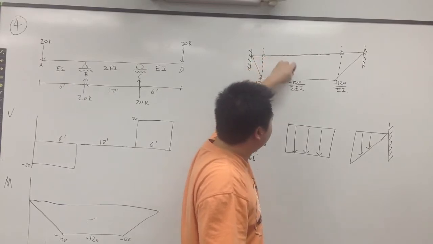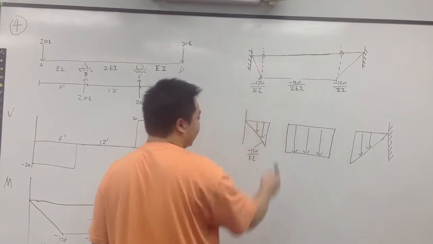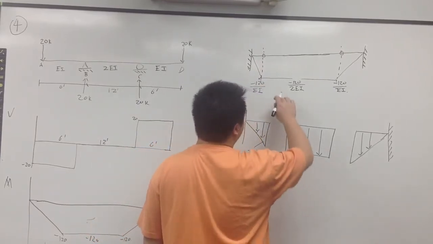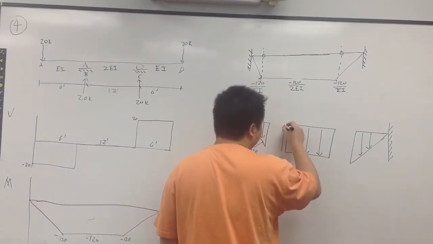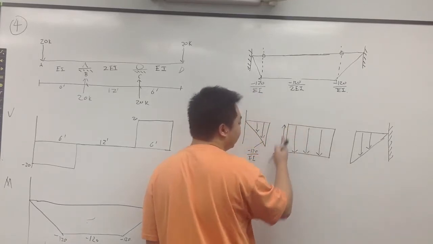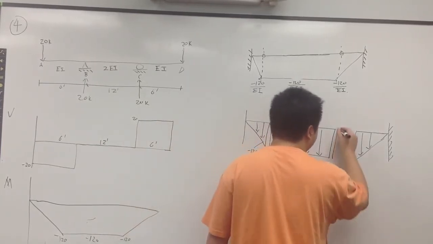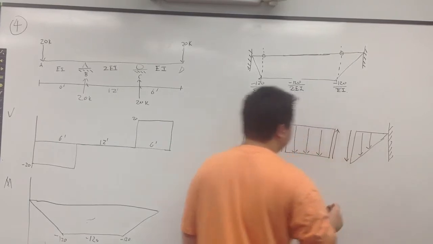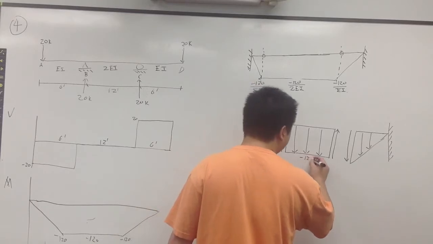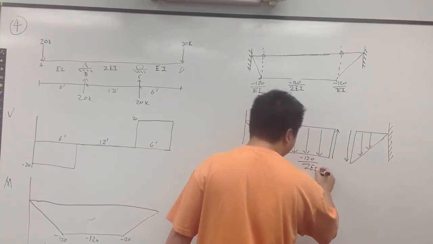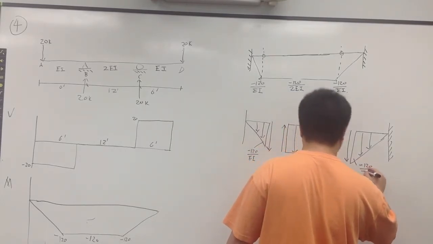So it's going to be negative, negative, like this. When we make a cut, because this is a hinge, you know you're going to have two forces, and before you have support. Going down, because you made a cut, if this is going down, this is going up. This one's going up, this one's going down. Everything is distributed. And for this one, it's negative 120 divided by 2 EI. This one is negative 120 over EI.